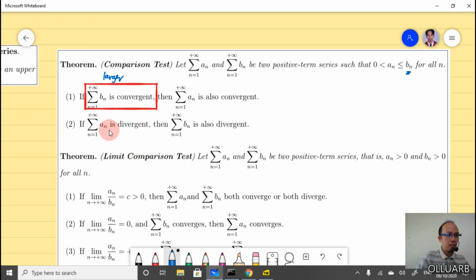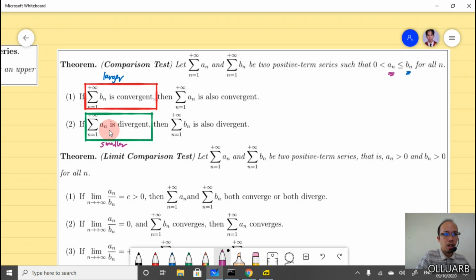However, for the second theorem of the comparison test, if this is the smaller one, as you can see here, and this smaller series is divergent, then the larger one is also divergent.